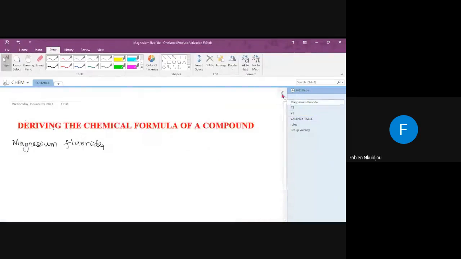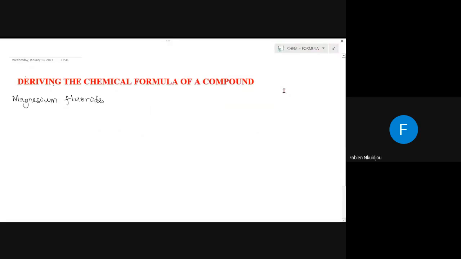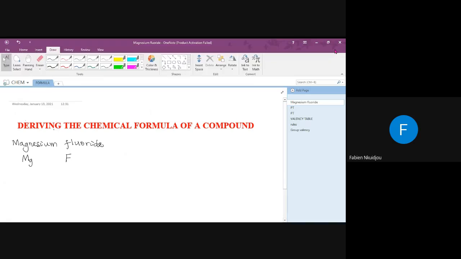Now that we have the symbols of our elements, let us see how we can represent it. Magnesium is Mg, and fluorine is F. Now, what is the valency for magnesium? Let's go back to our periodic table.